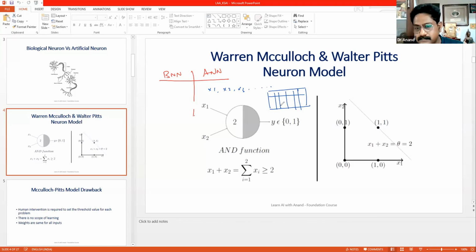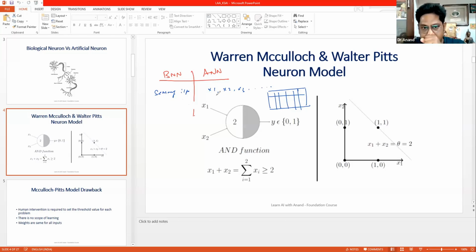Let us not go onto those specialized layers. We'll stick to tabular data. So your inputs are features from the tabular data. For the biological neuron, your inputs are your sensory inputs: vision sensors, auditory sensors, olfactory sensors, taste bud sensors, and touch sensors.